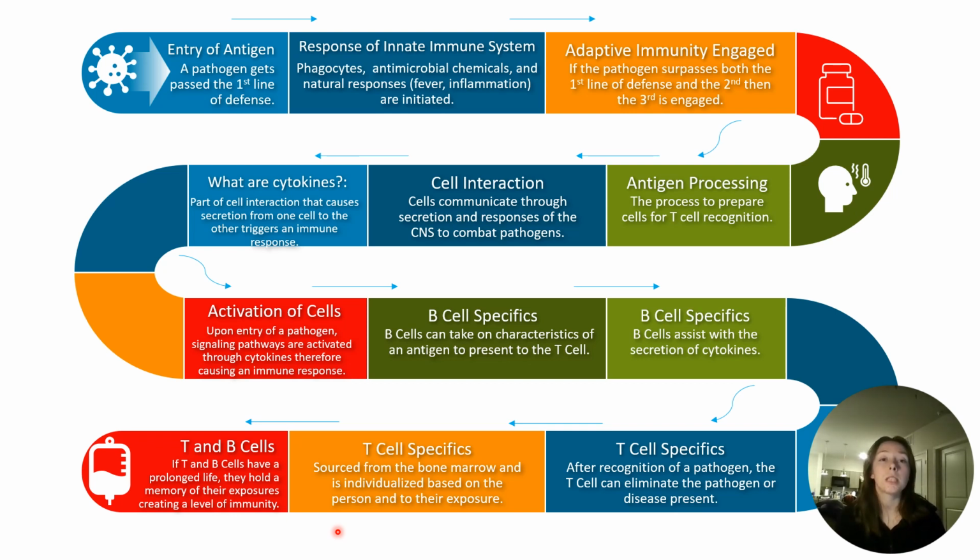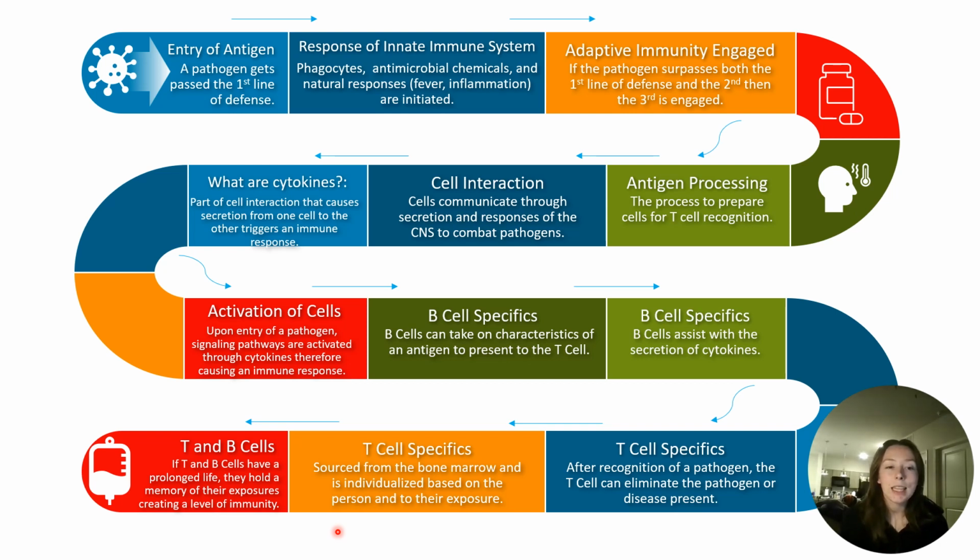So it is individualized from person to person, depending on their exposure to different viruses. If they've been exposed to, for example, COVID before, the second time they get it, it might not be as bad because the body already knows how to react to it.